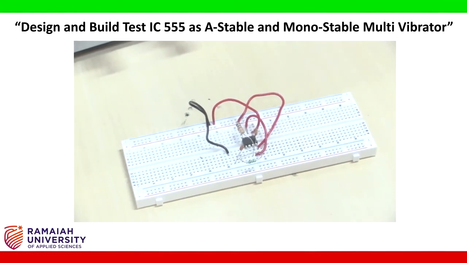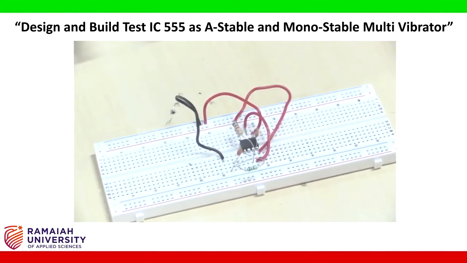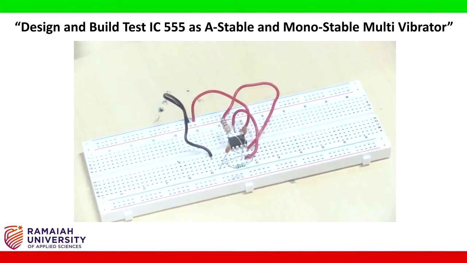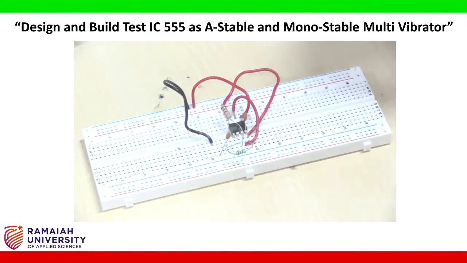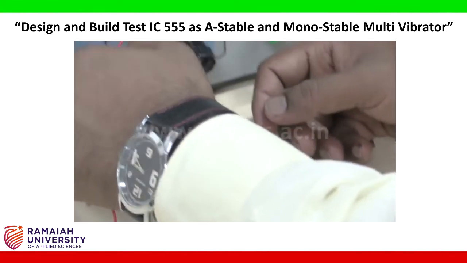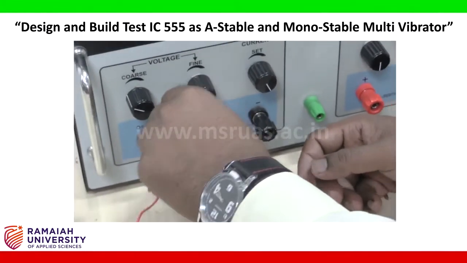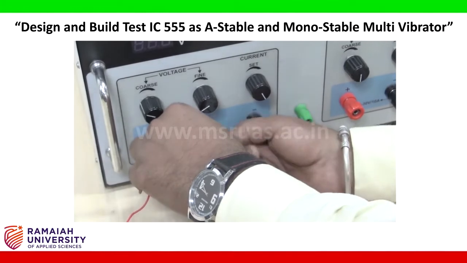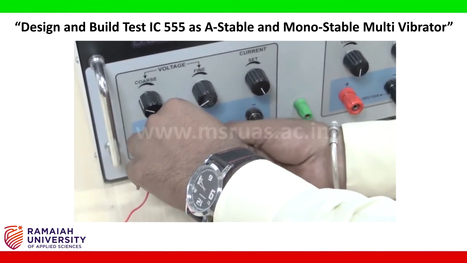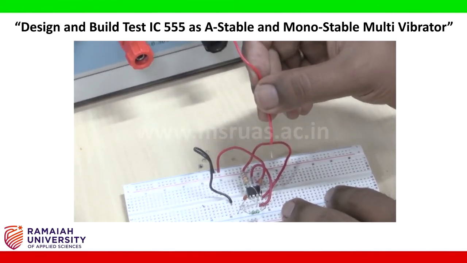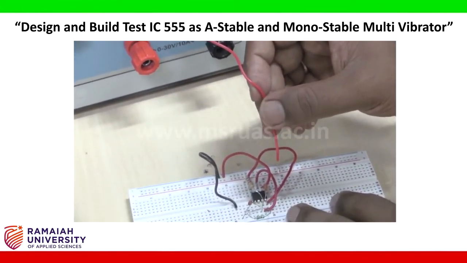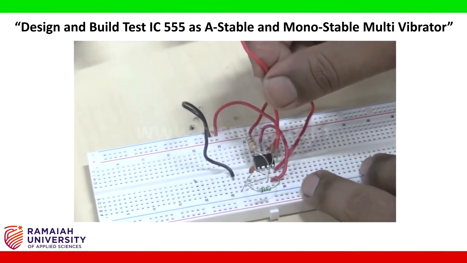Now I want to give the power supply connection for this. I am using a DC dual power supply to give the power connection. The positive of the DC dual regulated power supply is given to pin number 8.